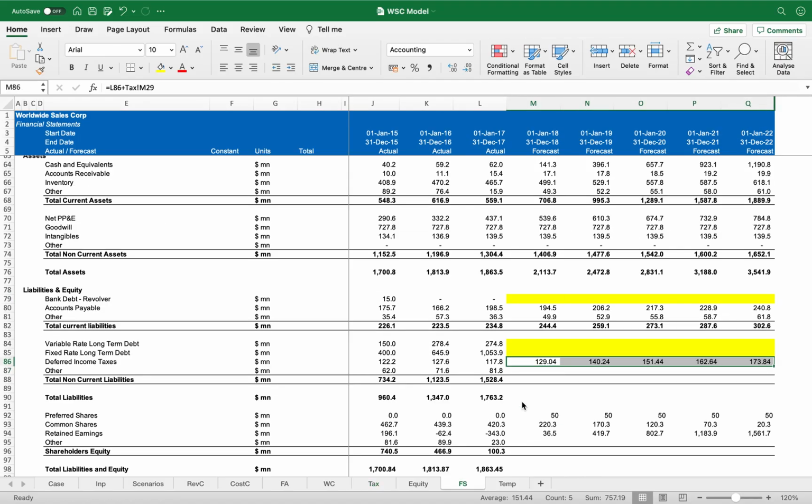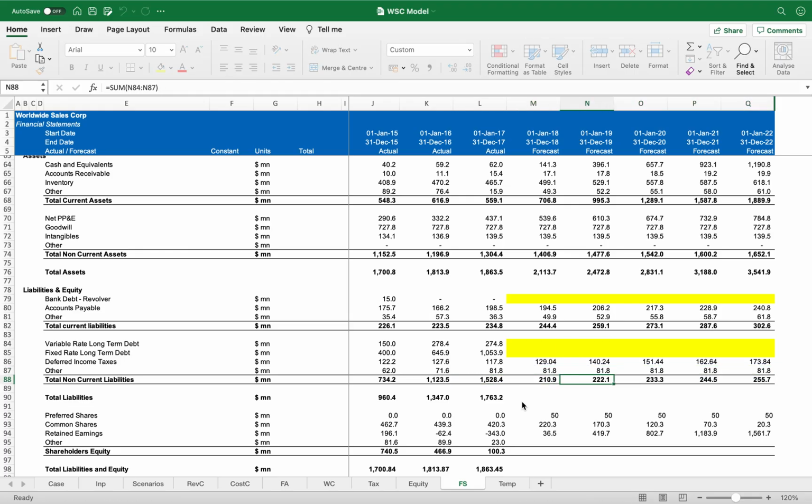Alright, and just copy this across. Then other non-current liabilities, again let's take it as a constant value and just fill in the formulas.